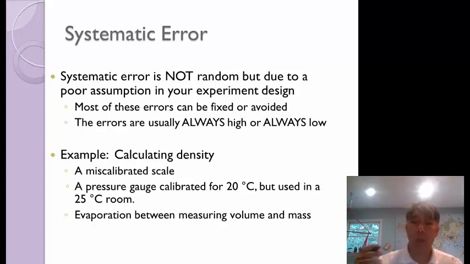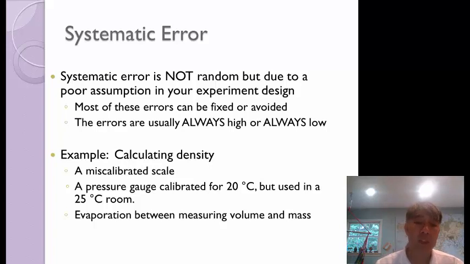For instance, when we were measuring the length of the room with a meter stick, it will always measure longer than it actually is, because we never could get a perfectly straight line. It always zigzagged just a little, and that way it'll always read on the high side.